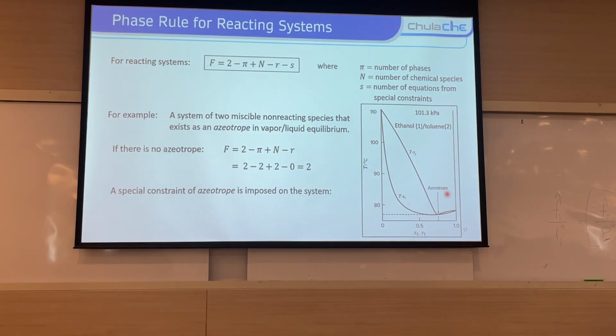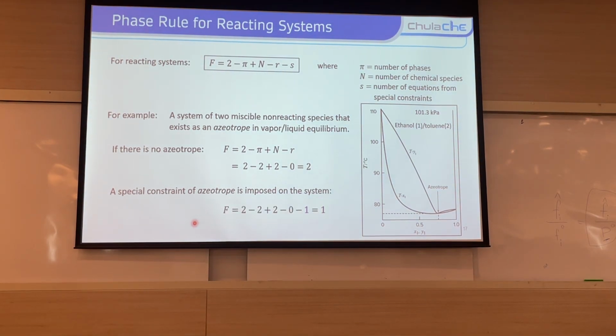So in this case, if we consider the degrees of freedom again, the azeotrope is a special constraint that we have to consider to calculate the unknown parameters in the system.